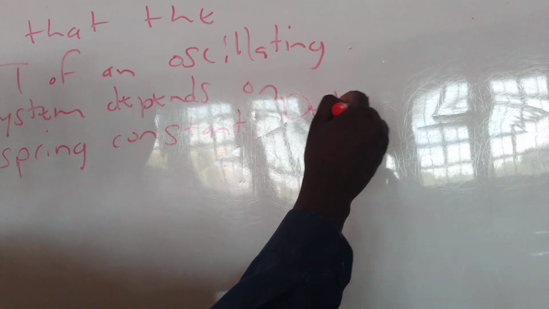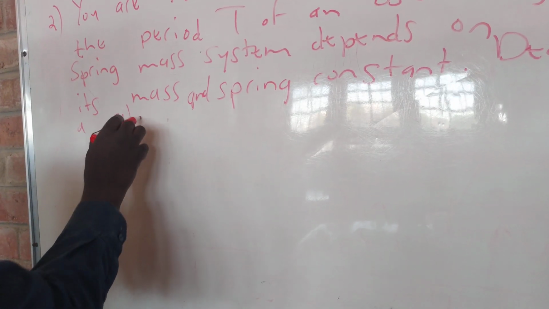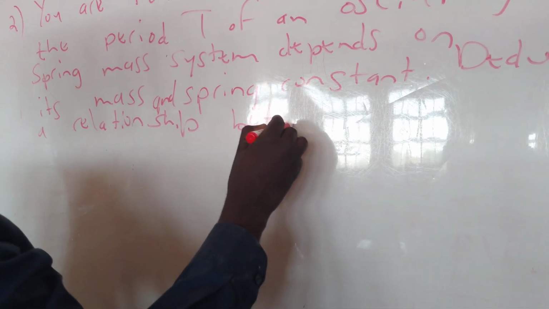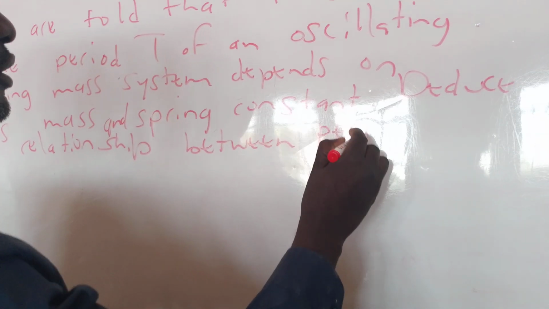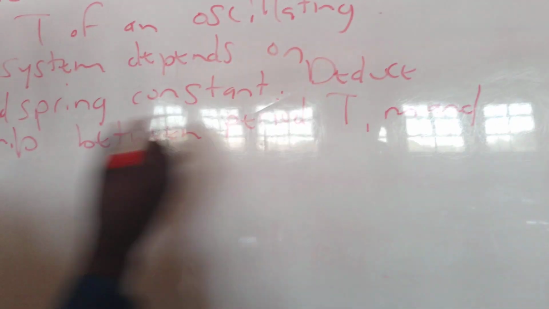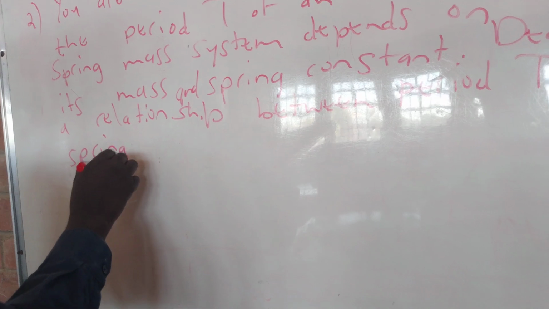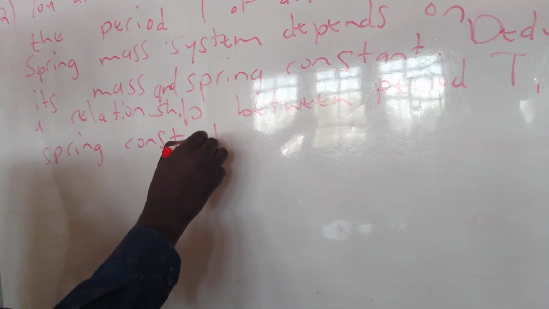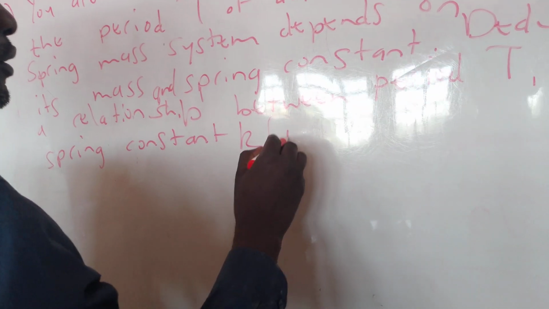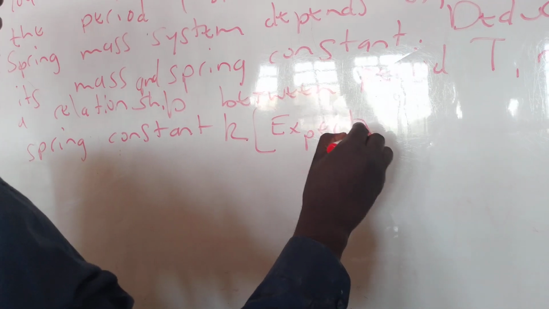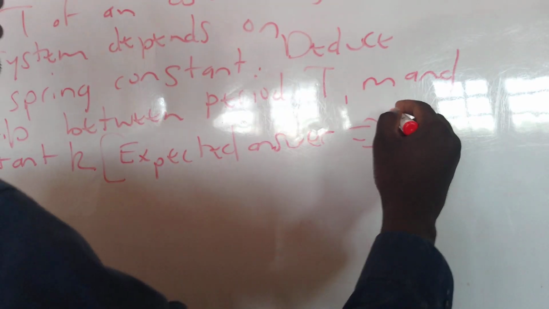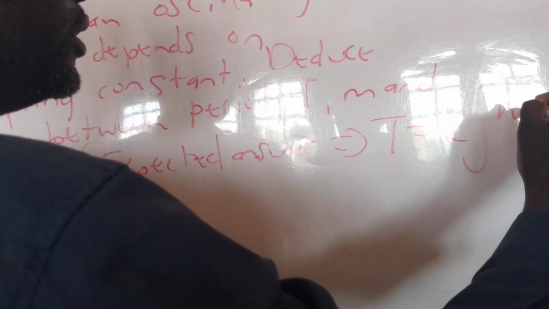Deduce a relationship between period T, mass M and spring constant K. Expected answer is T is equal to K root M over K.